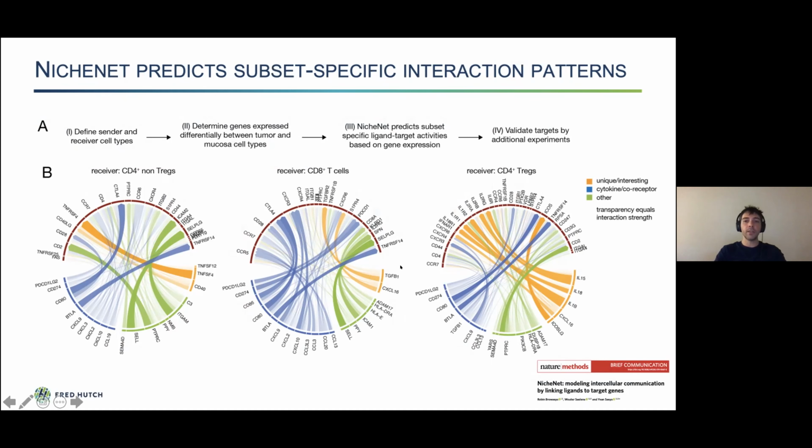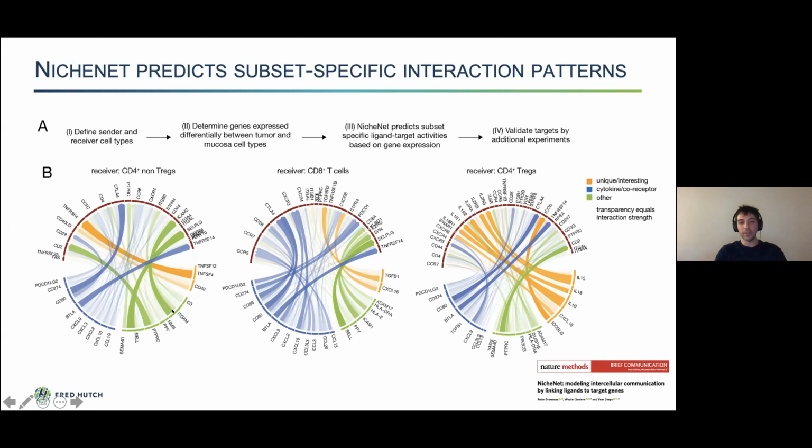So here you can see these circus plots, and that might look very overwhelming, but let me walk you through this. On the upper half of the circus plot in red, you can see the receptors on the respective T cell population. And down here, you can see the ligands on the antigen presenting cells that we used as input. They are color coded: blue are cytokines and co-receptors.